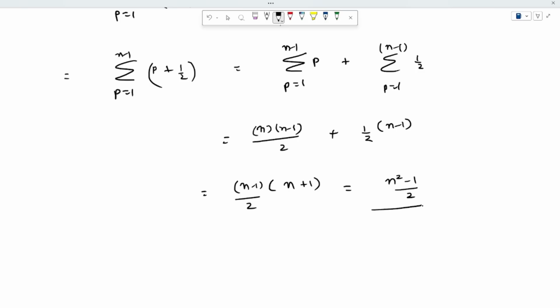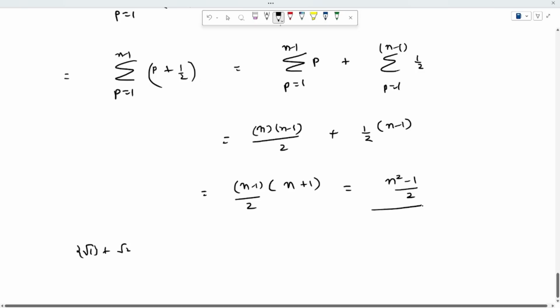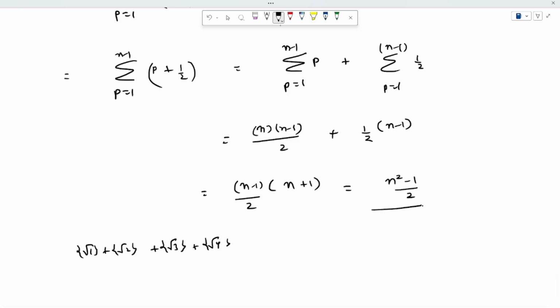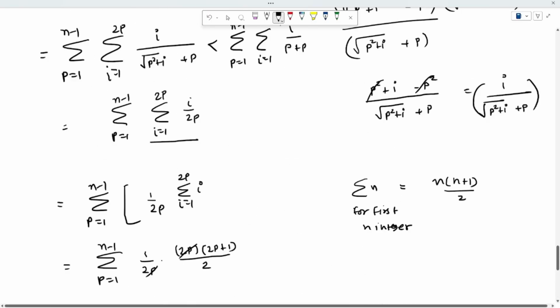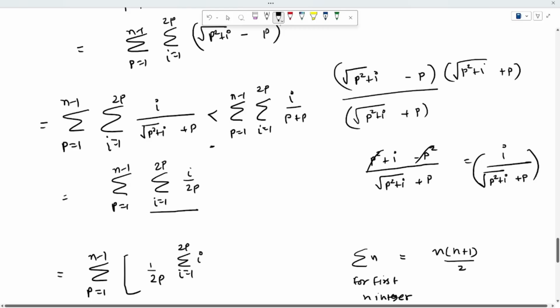And earlier, our expression was that the sum of the fractional parts of the square root of 1, square root of 2, and everything till n square is less than or equal to n square minus 1 divided by 2. We needed to prove this simple expression, and we have proved it. I just added the less than sign, not the equal sign.